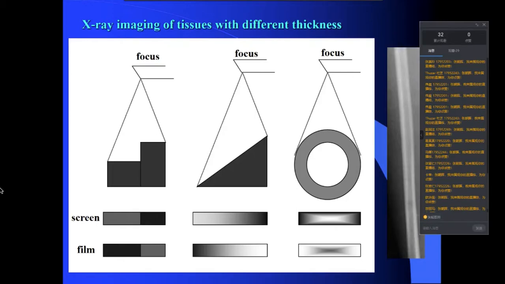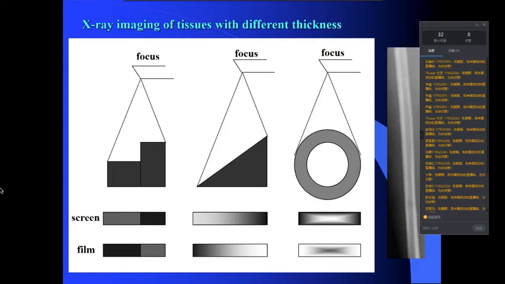And this is the X-ray film of a long bone shaft. This long bone is the fibula. In the center of this bone shaft, there's a medullary cavity, which is filled with bone marrow. The density of bone marrow is much smaller than that of bone tissue.